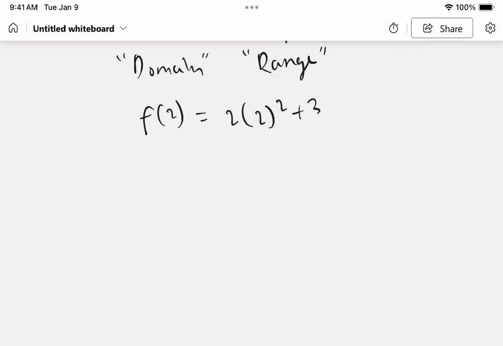All right, and so remember, we have to remember the order of operations, PEMDAS. And if you remember that, P stands for parentheses, and then E for exponents. We're going to do 2 squared first, which will be 4.